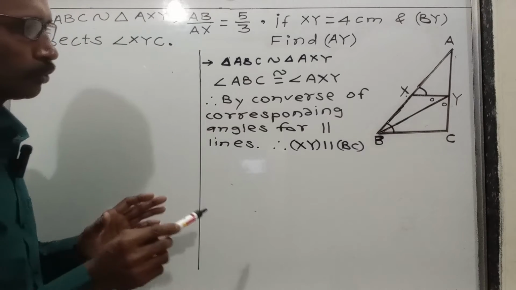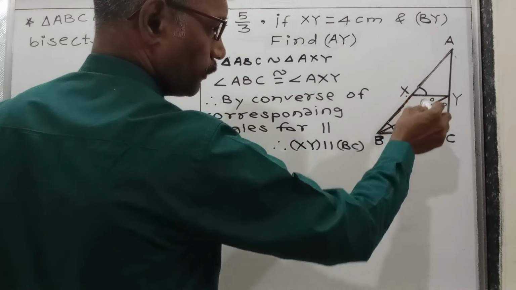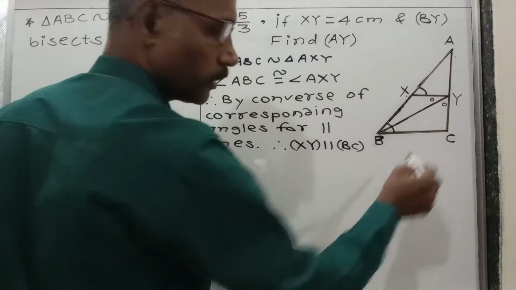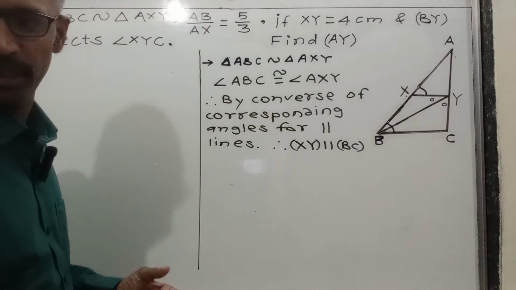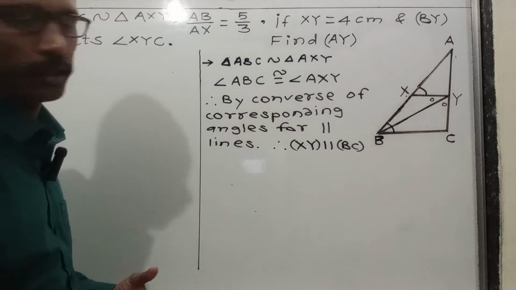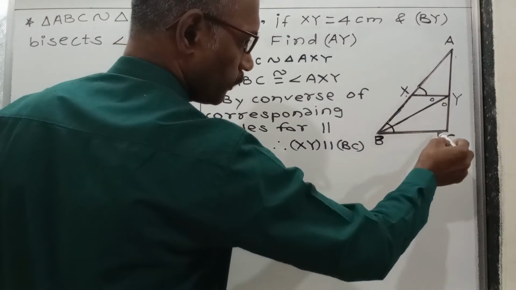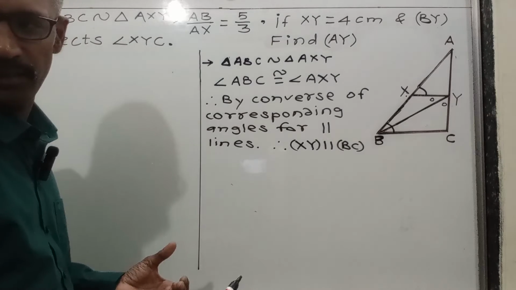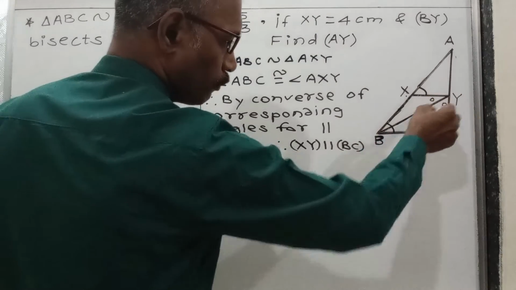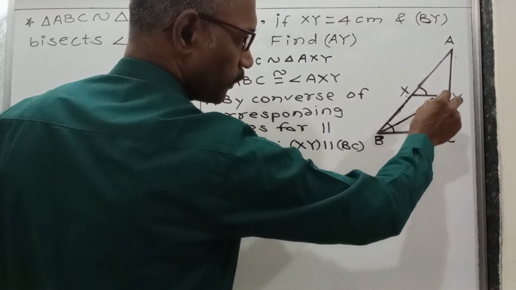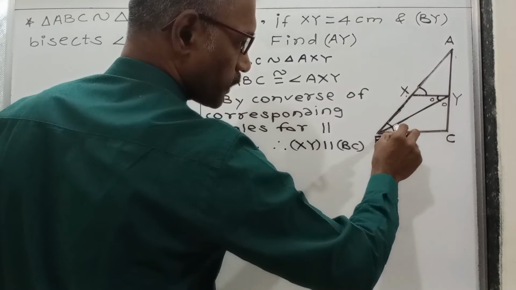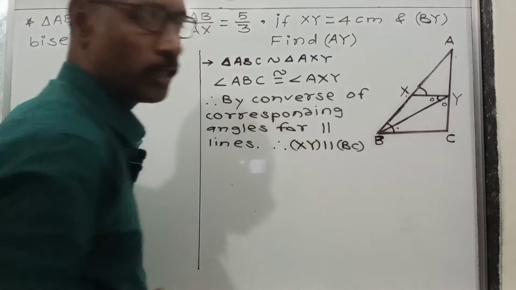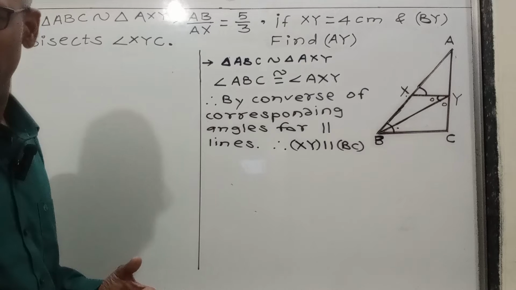Now we have proved XY parallel BC, and BY is a transversal. Then we say that this angle and this angle are congruent.